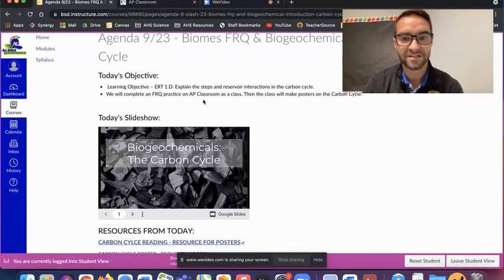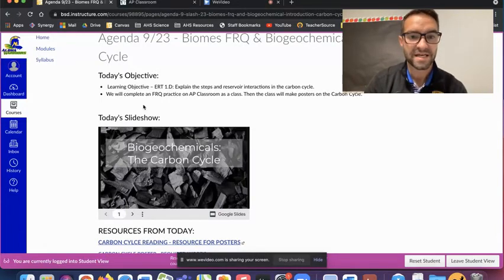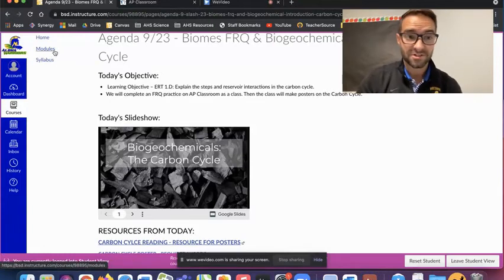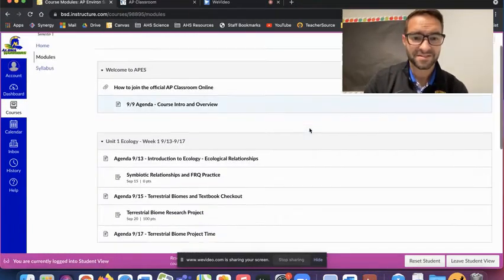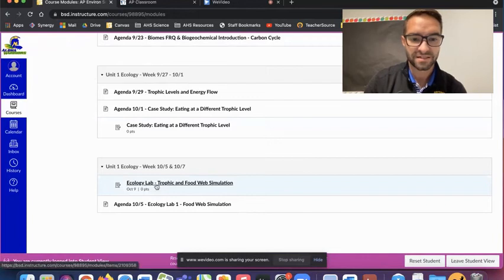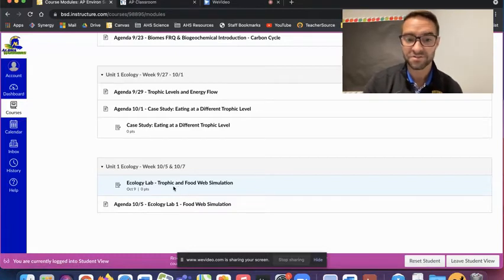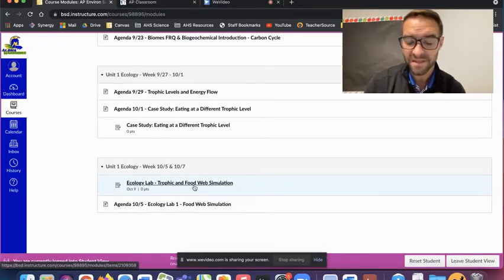I always try to outline what the student needs to know, what the learning objective is, and what we're trying to do that day. We're also going to be doing labs in this class, and that's a big goal of ours. We just had our first lab last class, working on a computer simulation around trophic systems in the food web.